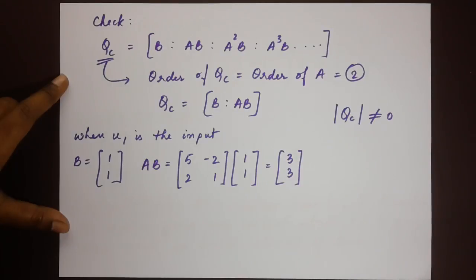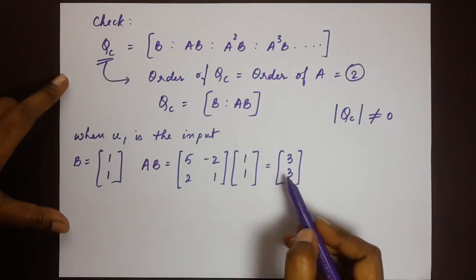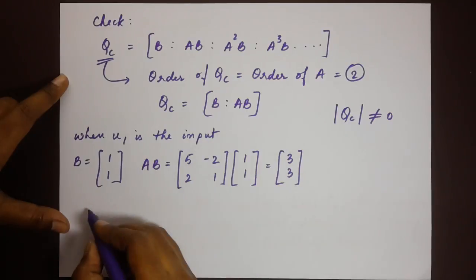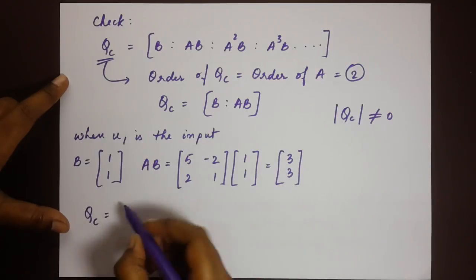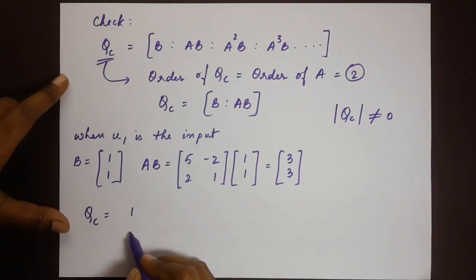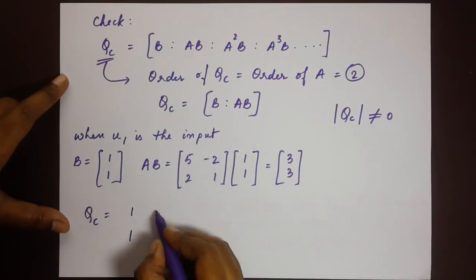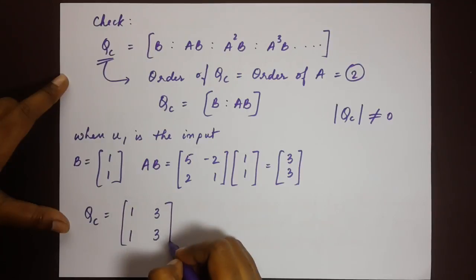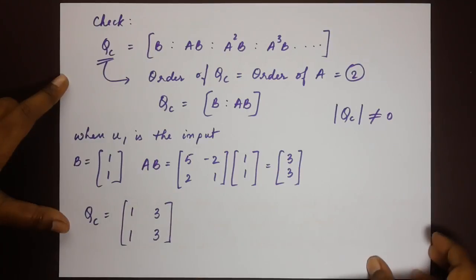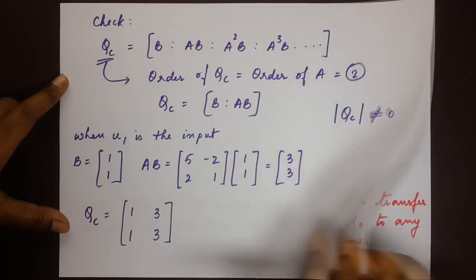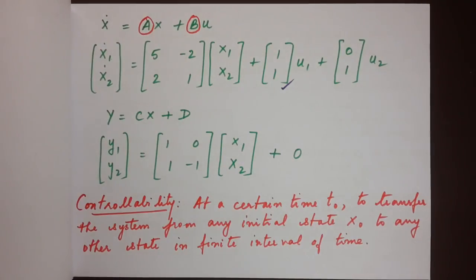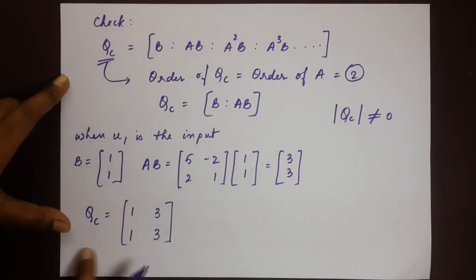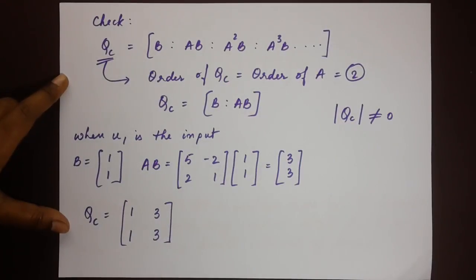Next, let's plug both of these into the QC matrix. QC is now first B, then AB, which is 3, 3. So this is our QC matrix of 1, 1, 3, 3.